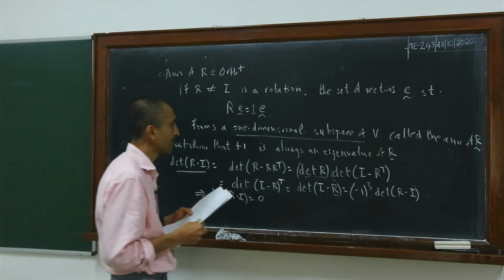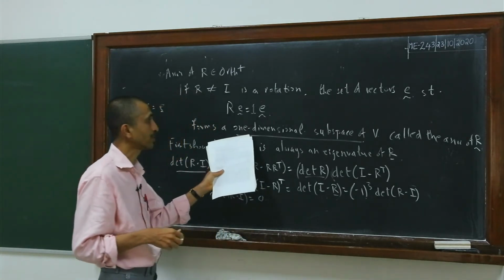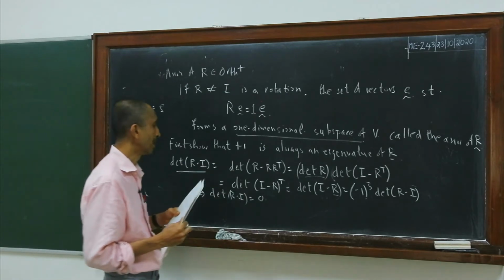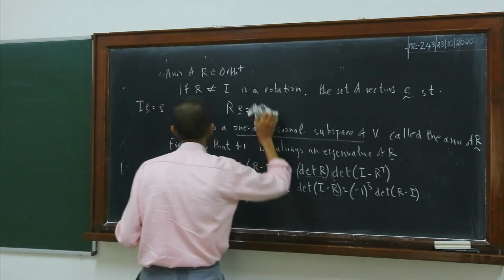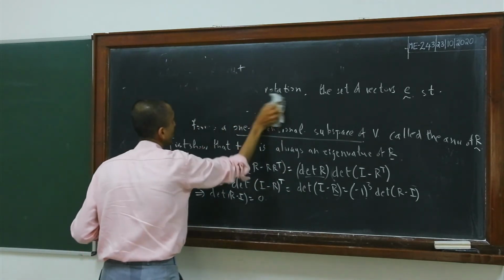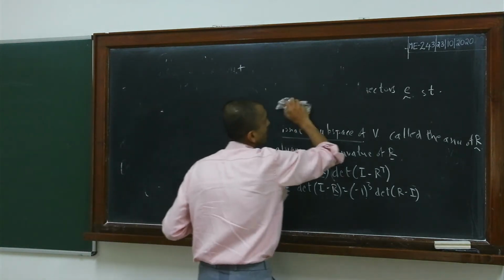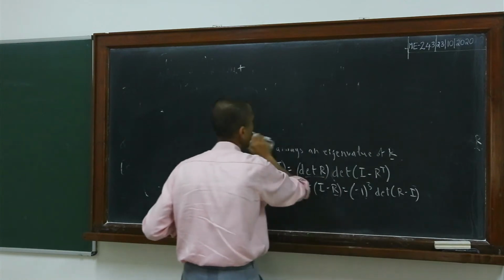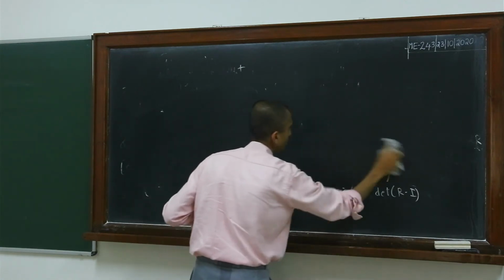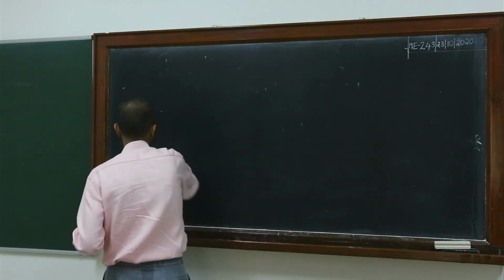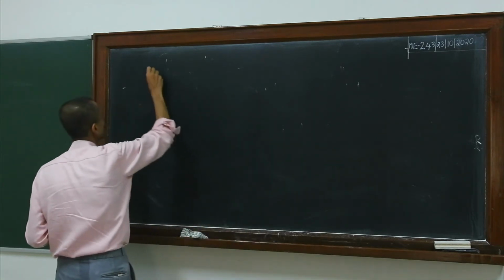Fine. Now let us show this uniqueness. This uniqueness proof is quite subtle. It's not very trivial to prove this uniqueness. So let us look at this proof. Uniqueness of E now.